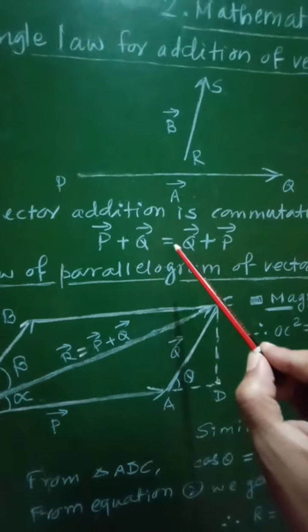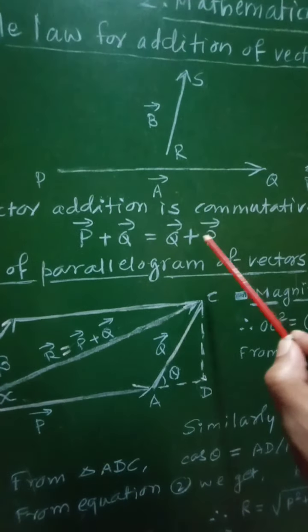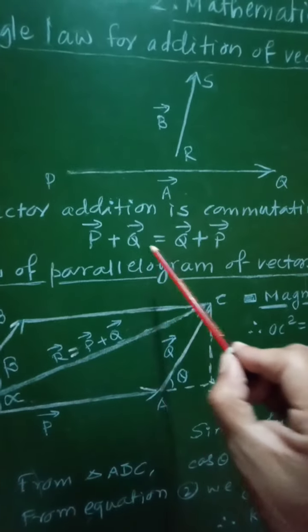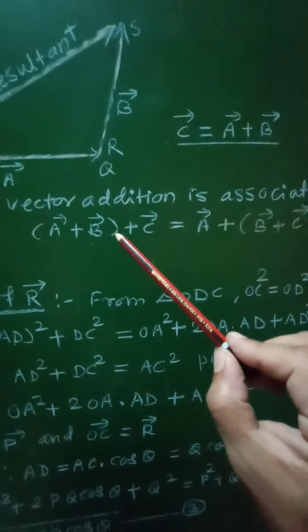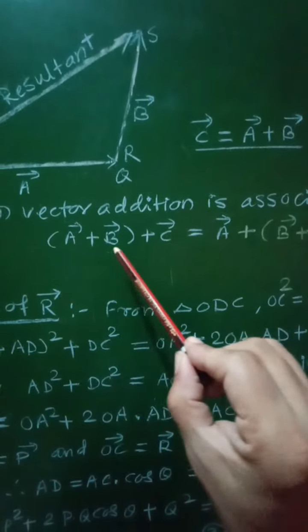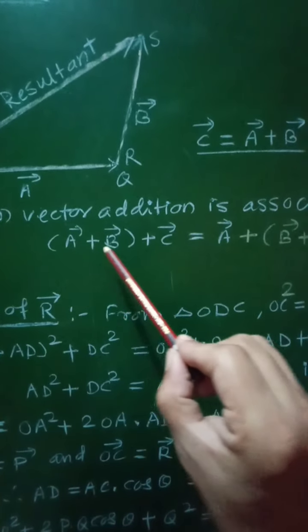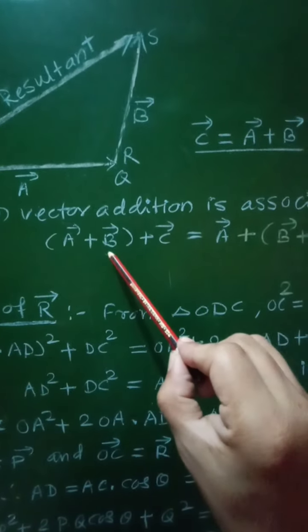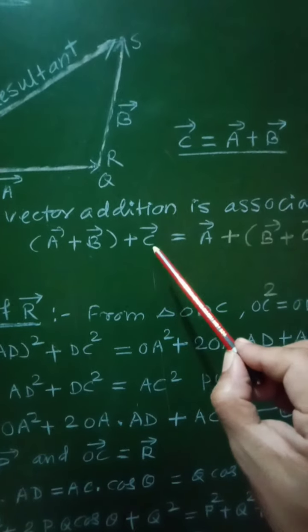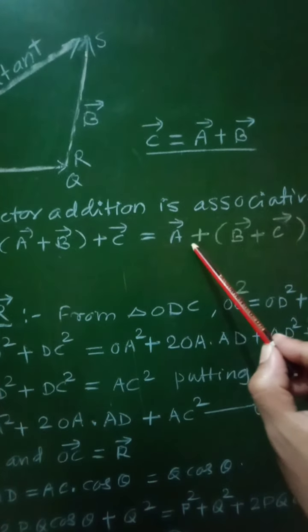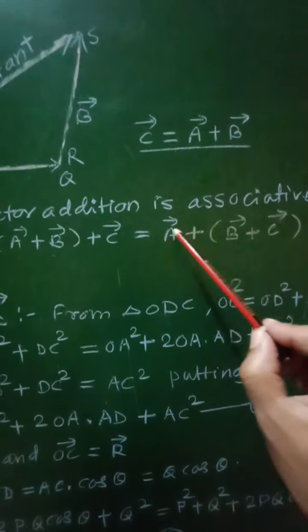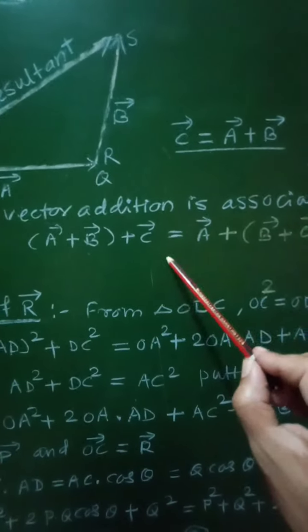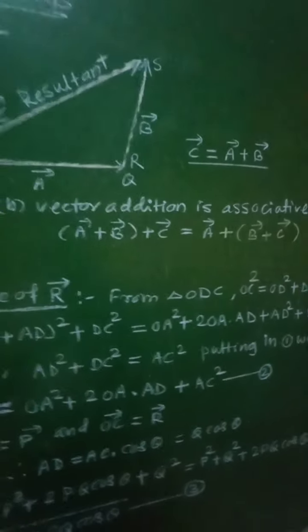Now these two properties can be explained with numbers. Instead of vectors, if you consider 7 plus 5, it will be 12, and that is equal to 5 plus 7, which is also 12. So 7 plus 5 equals 5 plus 7; this is the commutative property. Similarly, in the second case, consider 2 plus 3 plus 4. 2 plus 3 is 5, plus 4 gives 9. Similarly, 3 plus 4 is 7, and 7 plus 2 equals 9. So it is the associative property.